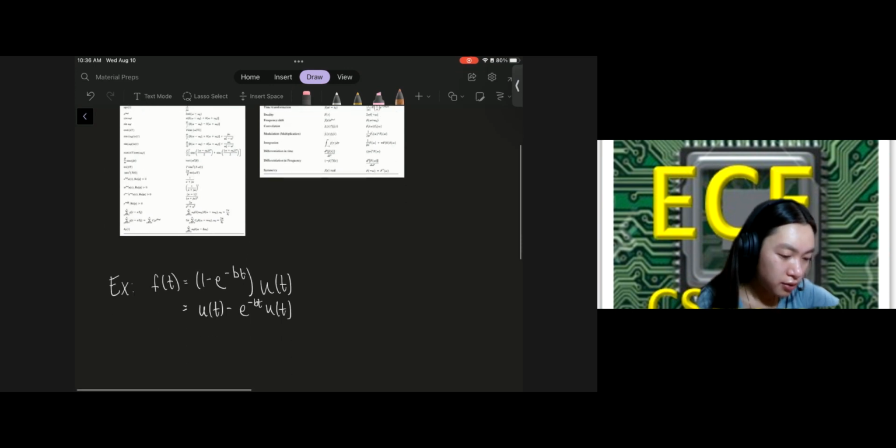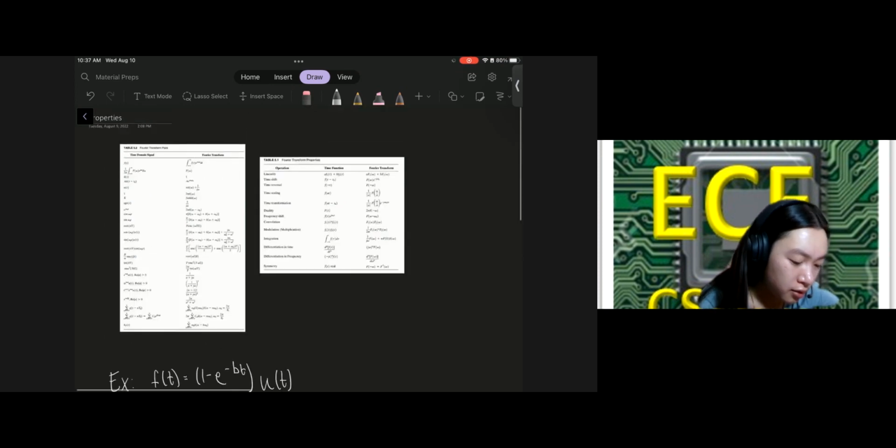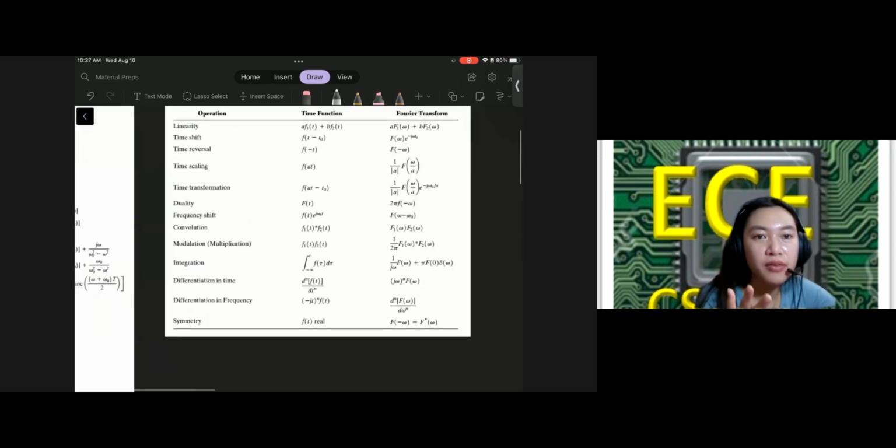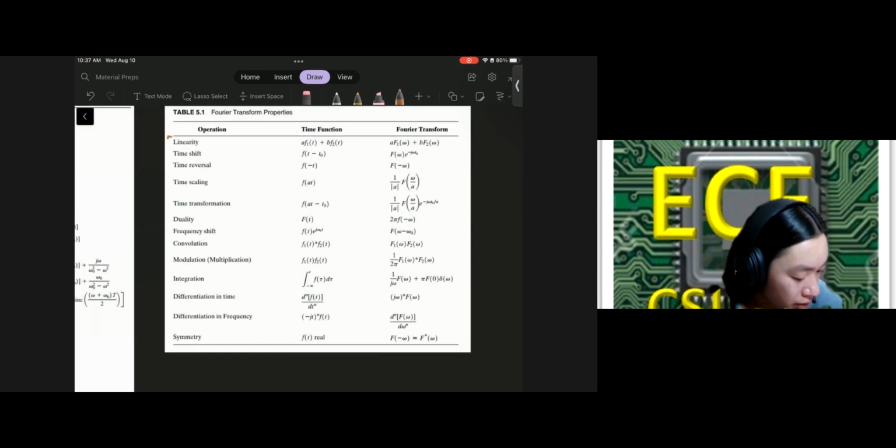Since we have two functions being subtracted, which is basically adding the negative of a function, we can use this property right here.